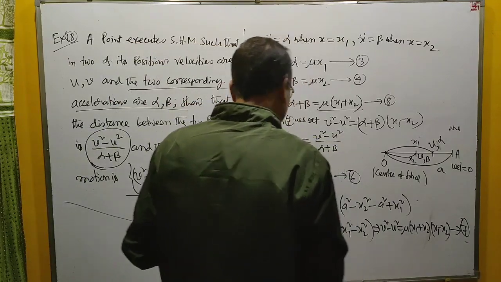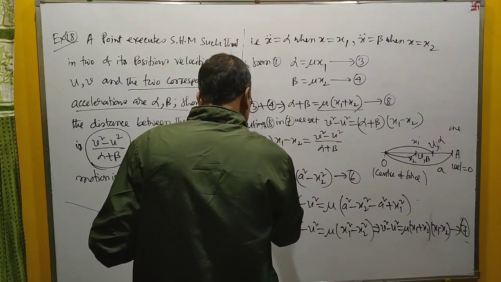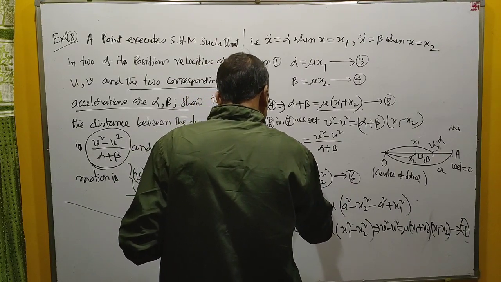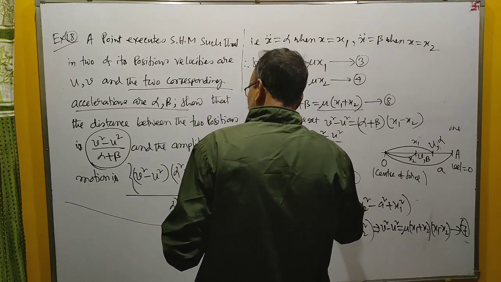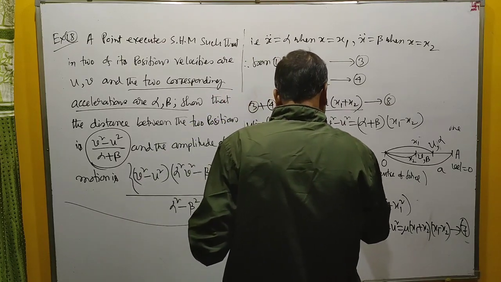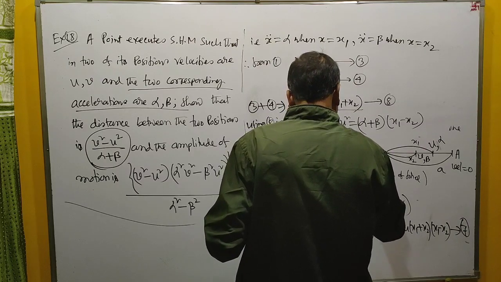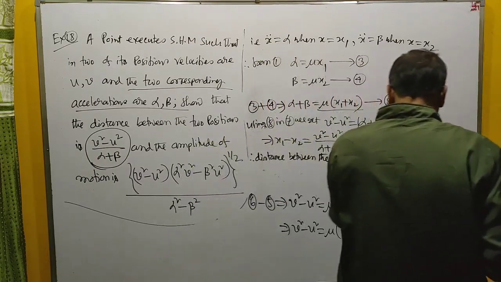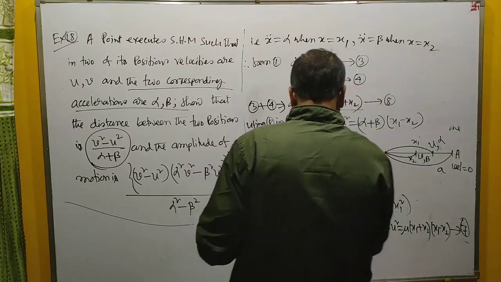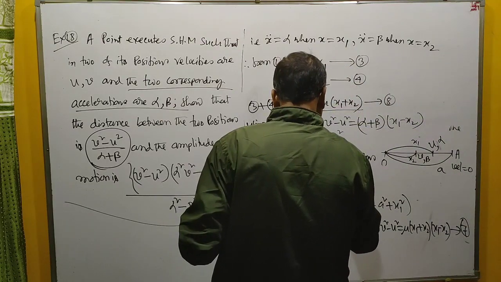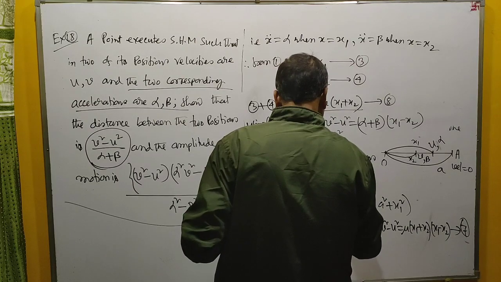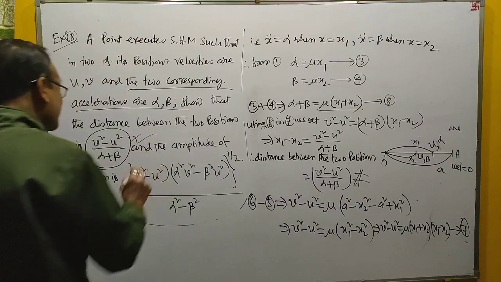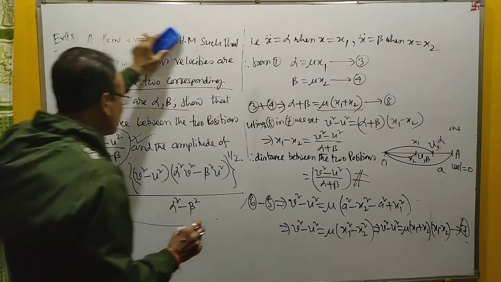Therefore, the distance between the two positions is equal to v square minus u square divided by alpha plus beta. Therefore, we have proved part 1.